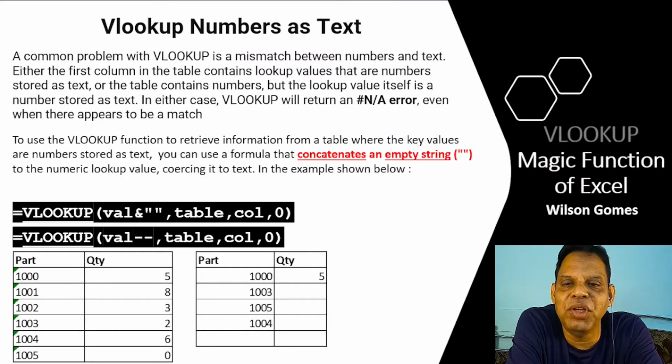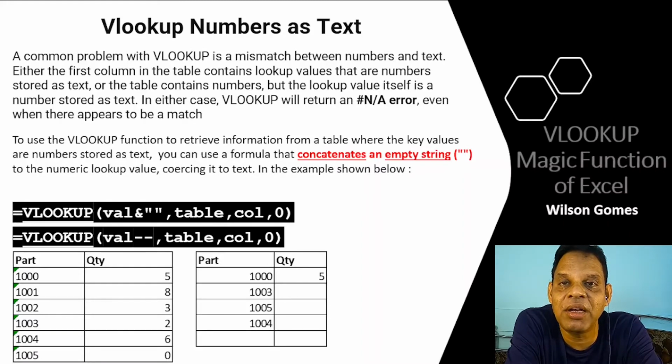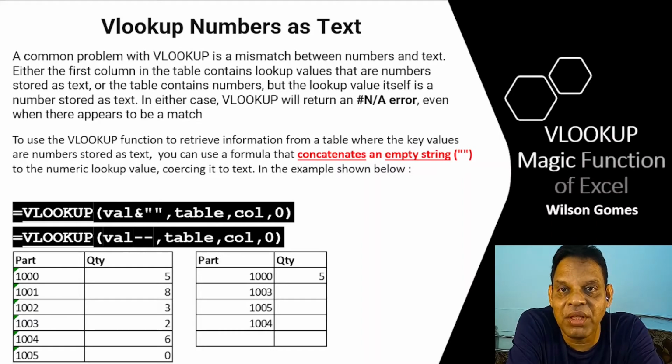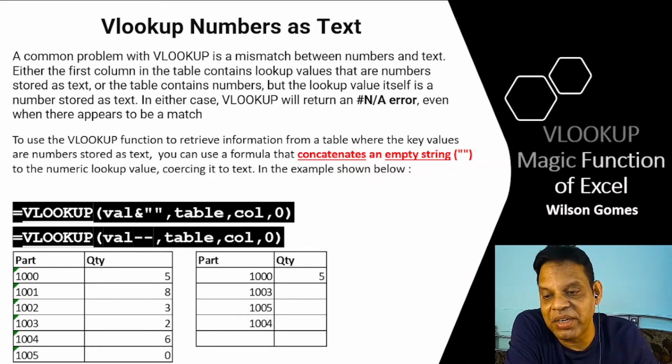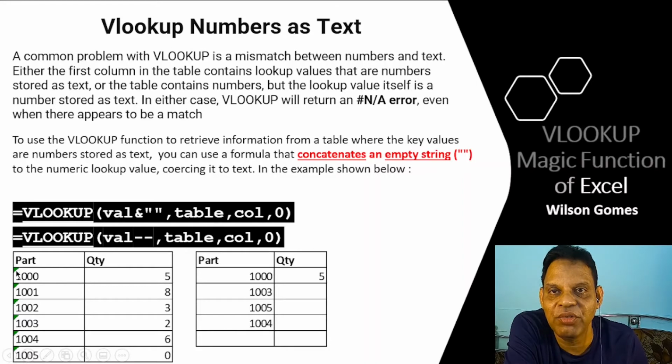First, what is this? Numbers as text. Sometimes you will find that in the base data, from where we will be searching a particular piece of information, instead of numbers the data is in text format. Here you can see, if you can see my cursor, the part number is in text format. It is indicated with a green mark. You might have come across this.